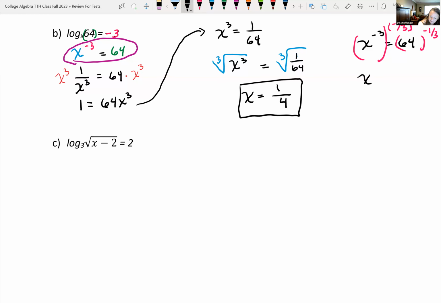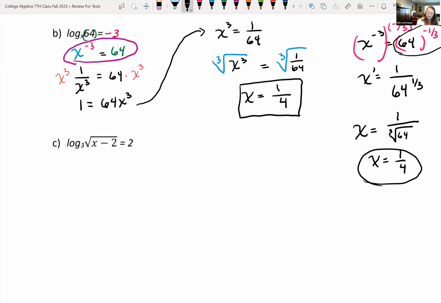This would have been x to the first equals, we could make this exponent positive by bringing 64 down in the denominator, so 1/64 to the 1/3 power. With rational exponents, you can rewrite the term as a radical, so this would be 1 over the cubed root of 64. So x is 1/4. I don't know if that was easy or not, but you could have approached it a little differently.